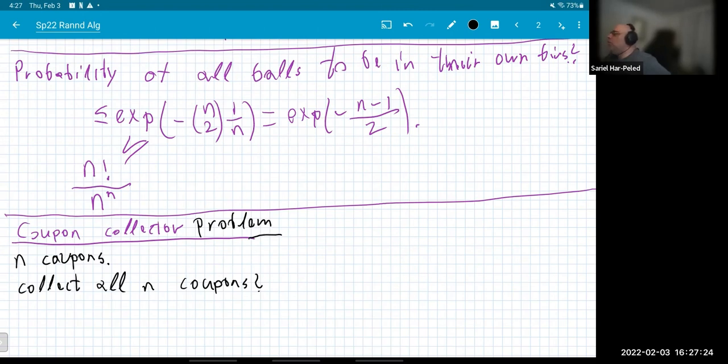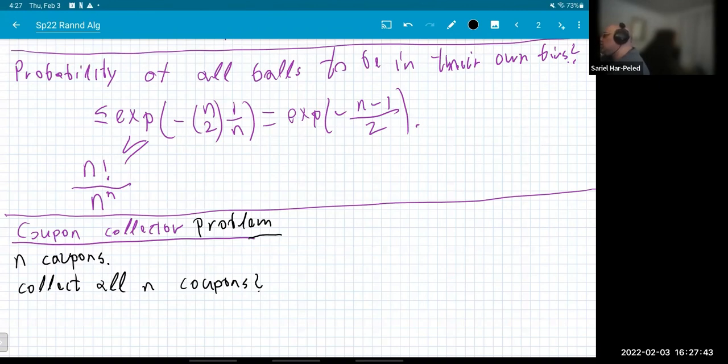So the question is, how many coupons do you need to buy? And the amazing thing is that, as we will see in the next lecture, I'm going to prove some stuff in this lecture, and some stuff would be in the beginning of the next lecture. The amazing thing is that this process is very strongly concentrated.